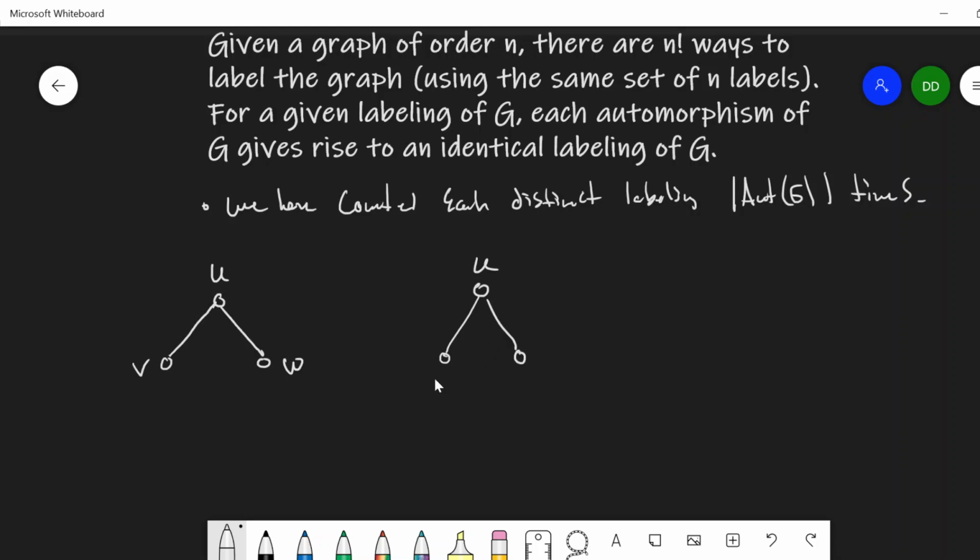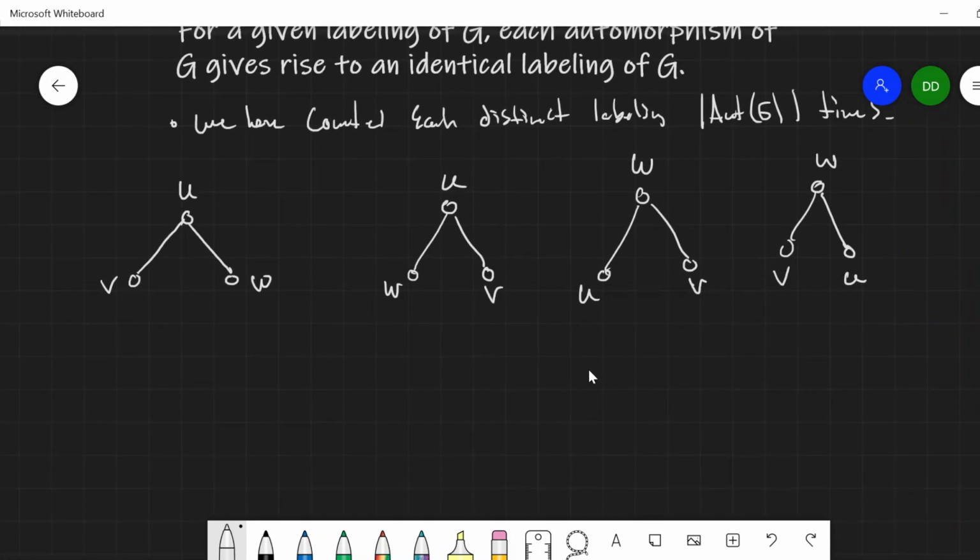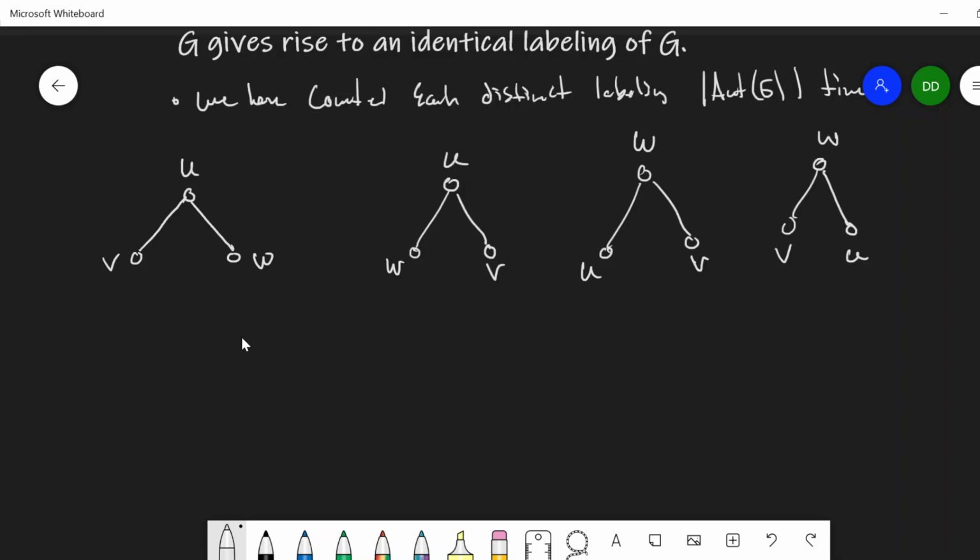I could also do U, W, V. I could also label it like, let's see, W, U, V. I could do W, V, U. Let me go one more down here. I could also do, let's put V up here. I could do V, U, W, or I could do V, W, U.